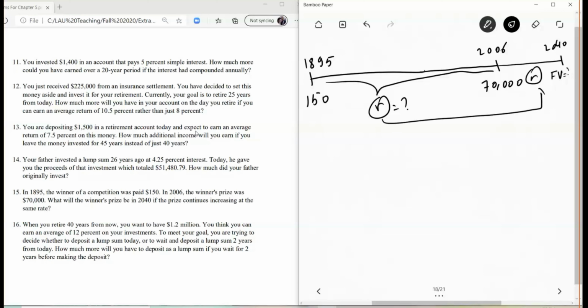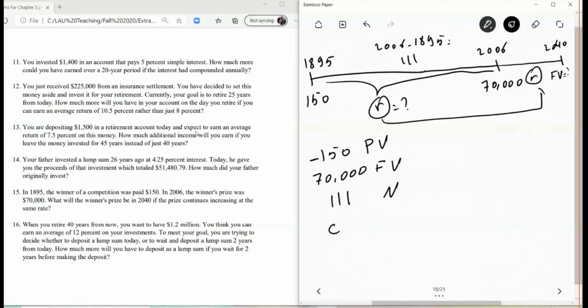So I start by saying 150 negative is PV, 70,000 is FV, 111 is N. 111 is 2006 minus 1895. This is 111 years.